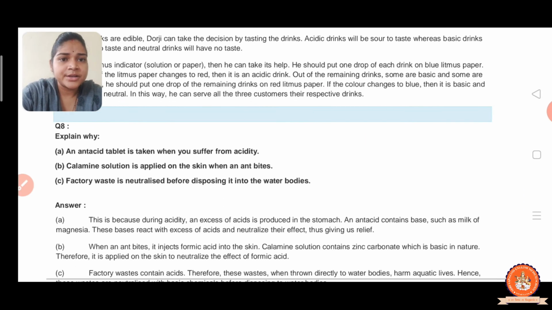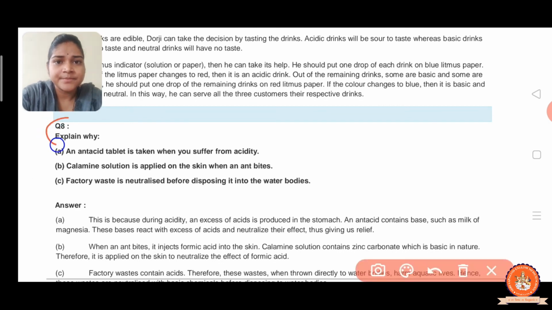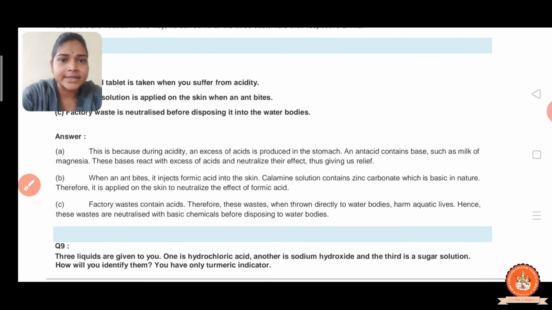So question number 8. Explain why an anti-acid tablet is taken when you suffer from acidity. The answer is that during acidity an excess of acid is produced in the stomach. Which acid is produced in the stomach? Hydrochloric acid, HCl.